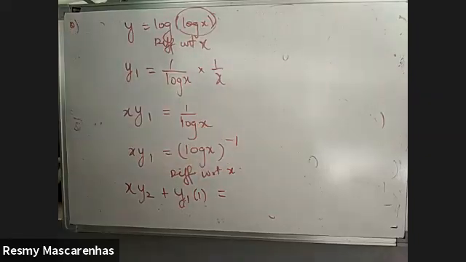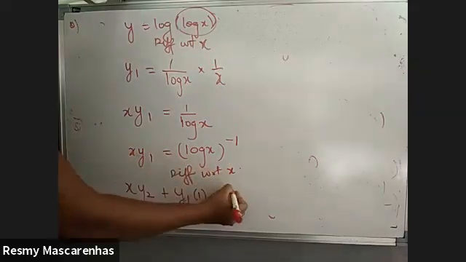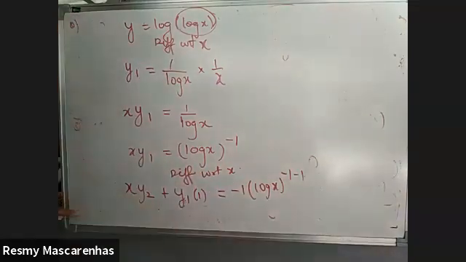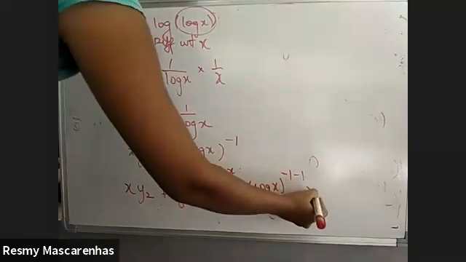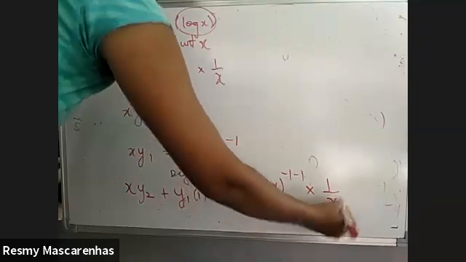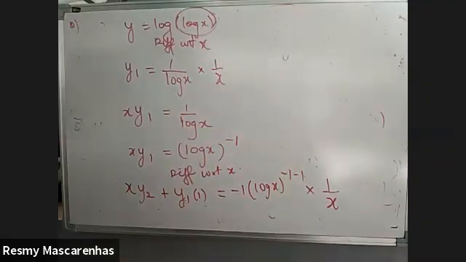The x raised to n formula is n x raised to n minus 1, into the derivative of log x. The derivative of log x is 1 by x. So this is what you will get after taking the derivative.